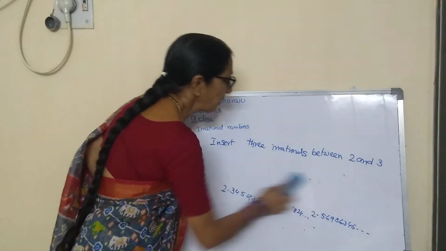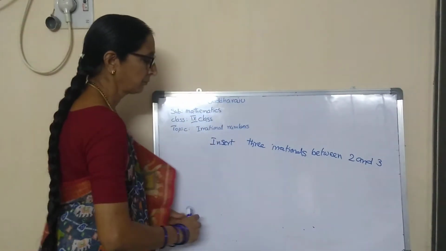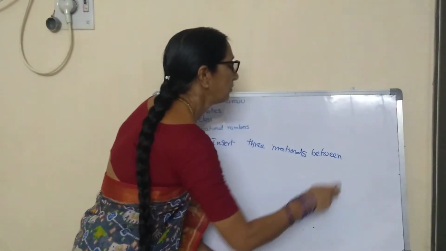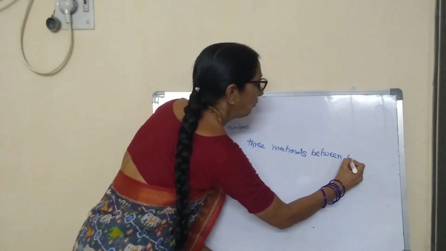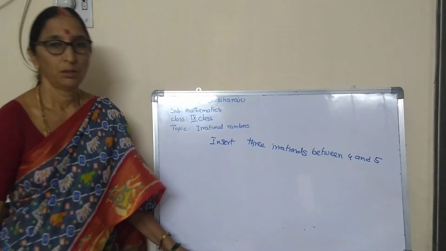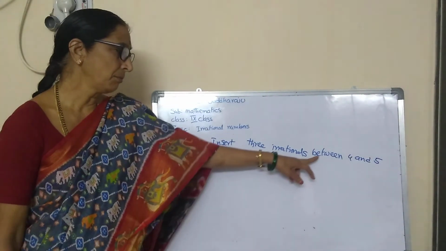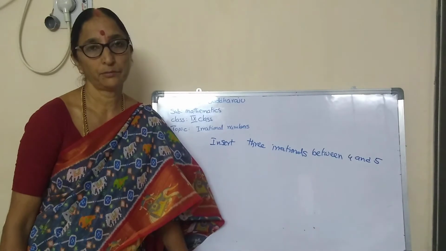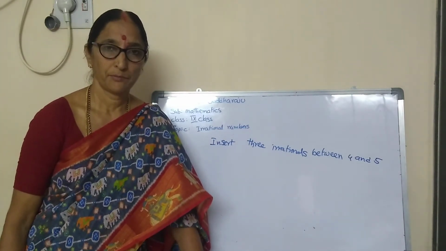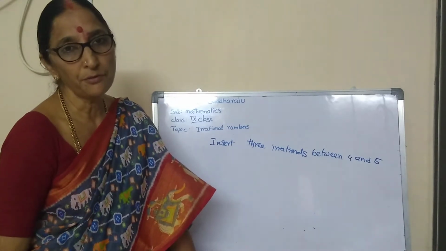Now, insert three irrational numbers between 4 and 5. What is 4 and what is 5? 4 is square root of 16.